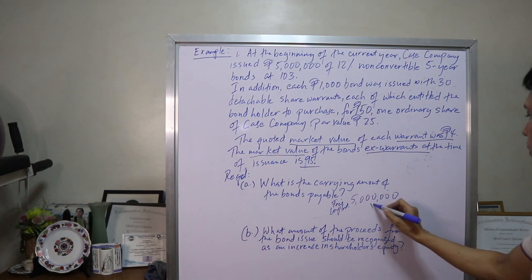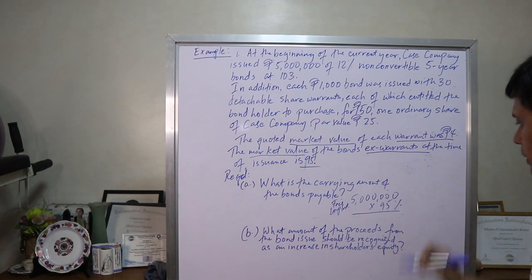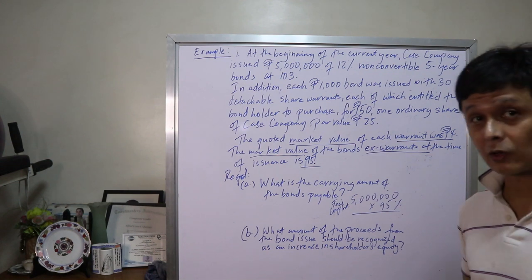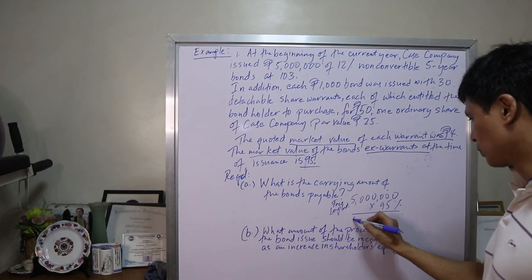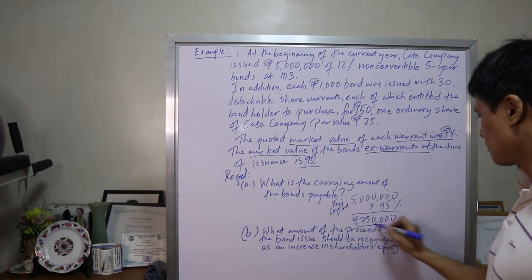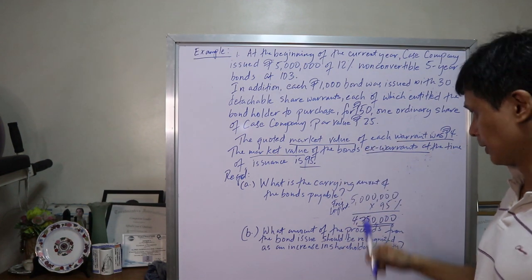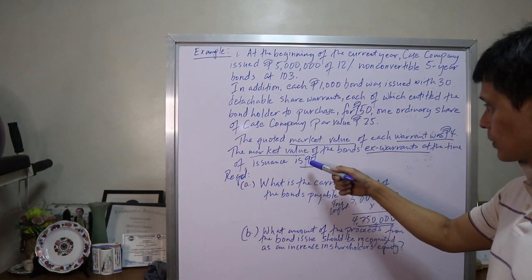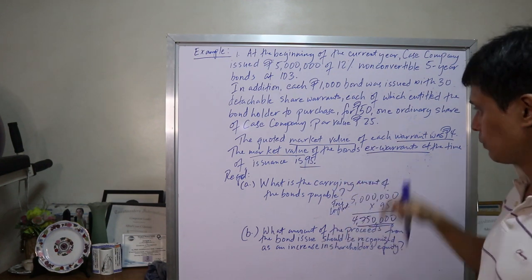So multiply lang natin by 95, or 95%. So you may use your calculator, but I can just look at it. So this would be 4,750,000. So that's 5 million times 0.95. Ito kasi yung market price nung bonds payable without the warrants.